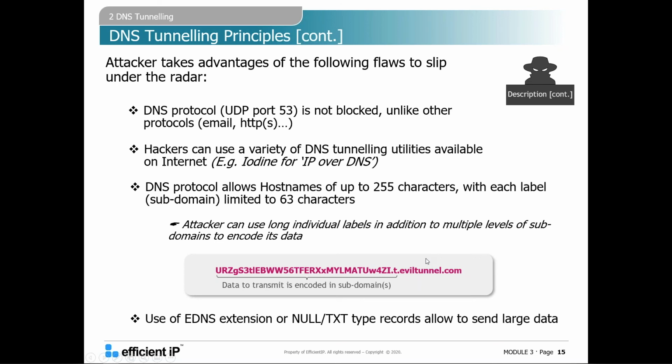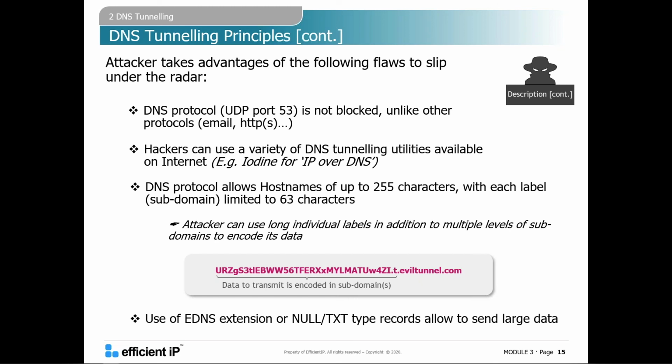And this is made worse by using eDNS. Most DNS servers right now support eDNS. eDNS is an extension, currently at version 0. This extension allows larger UDP packets. Normally it's only 512 bytes, but with the eDNS extension, it is able to allow up to 4096 bytes, or 4 kilobytes of data.